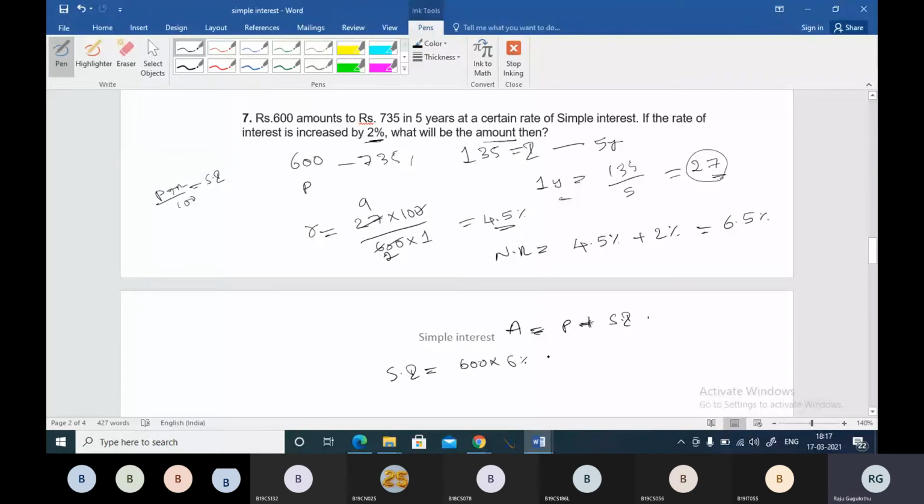So first, 600 at 6 percentage. How I find 6% generally is, 1% is nothing but 1 by 100, right? If I ask you 6,000, 1% will be 60. We have 600, right? So for 600, 1% will be 6 rupees, boss.